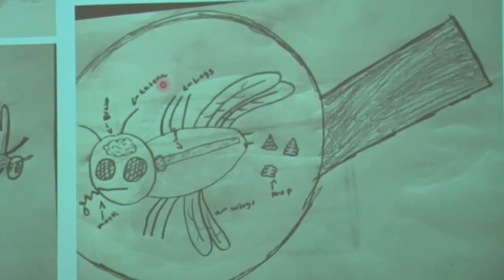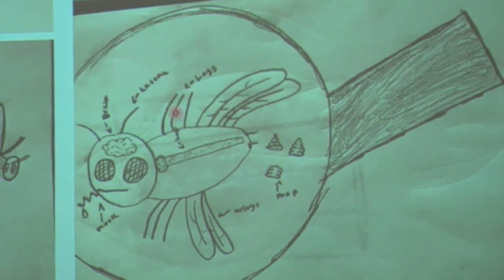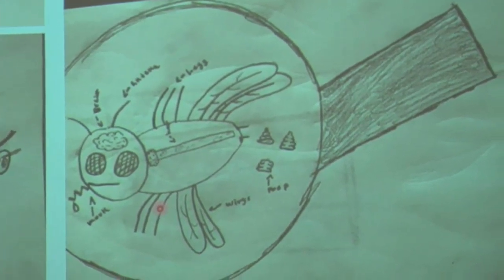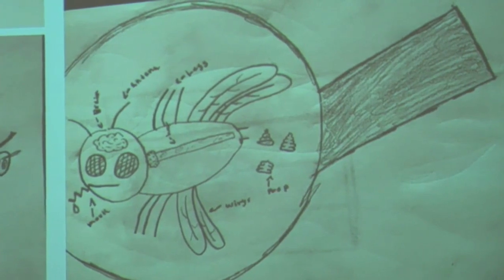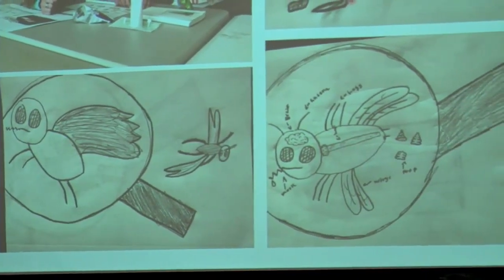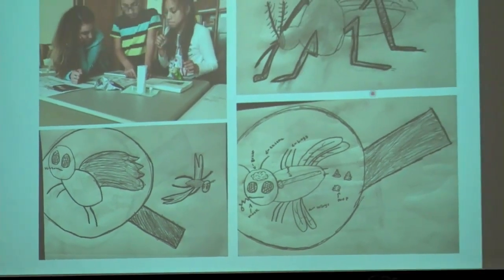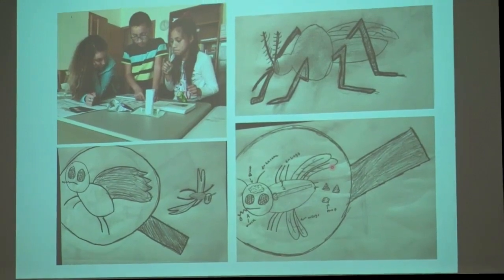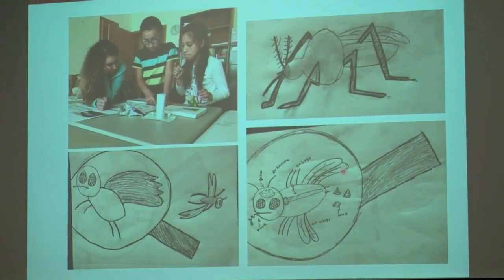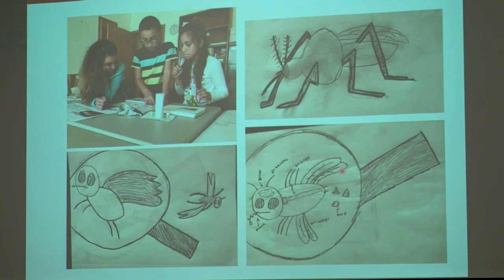So for example, mosquitoes have 6 legs, and here's a drawing where the 6 legs were properly illustrated, but this student only put on 4. This student also only put on 4. Mosquitoes have 2 wings, but this student illustrated 4 wings. So it's also quite revealing as to what the students understand and what they're looking at and what they don't understand.